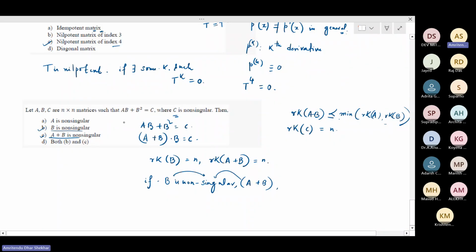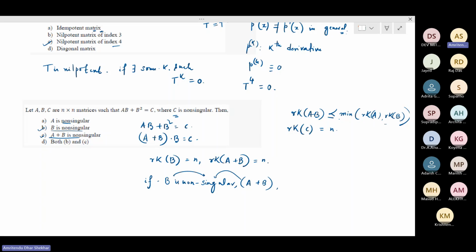We want to verify this option A. Is A also necessarily non-singular? And the answer is false. You can easily check that A might be a singular matrix, which when added to B basically gives a matrix which is non-singular.